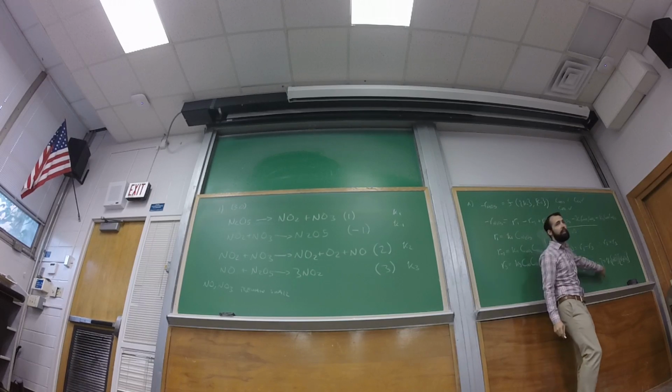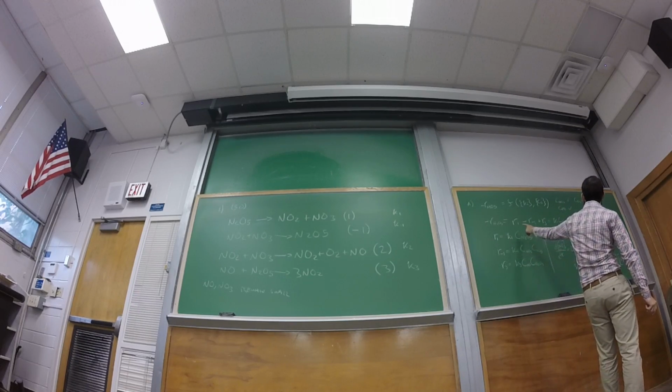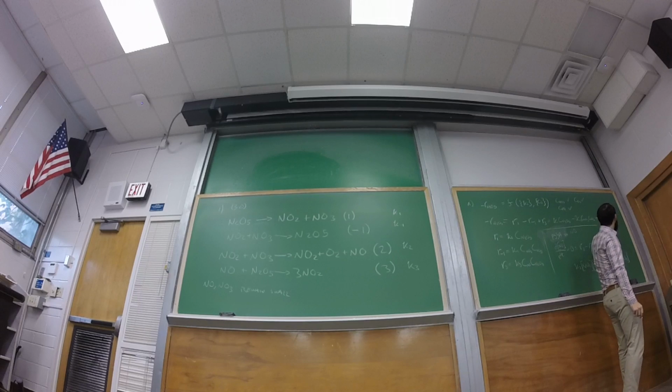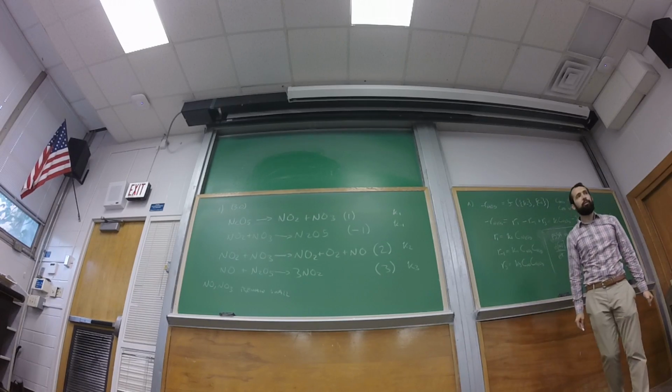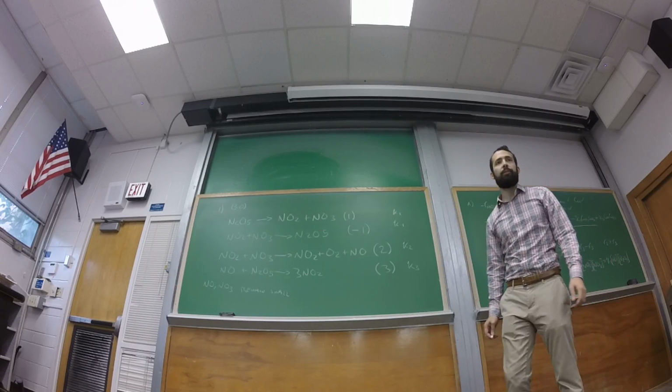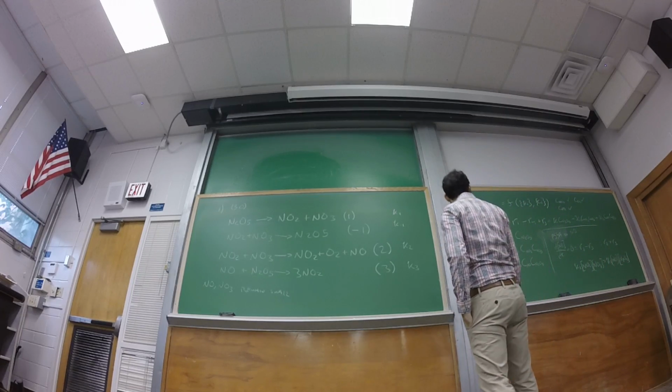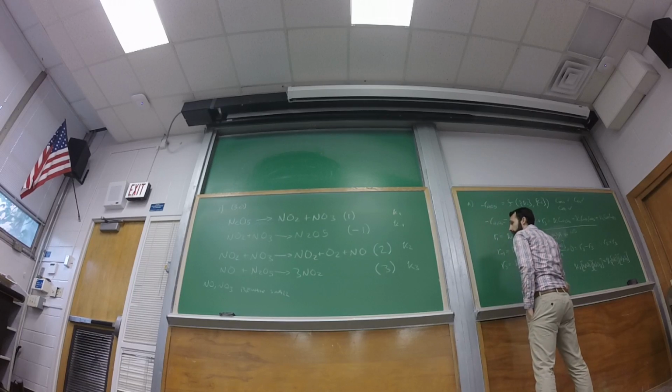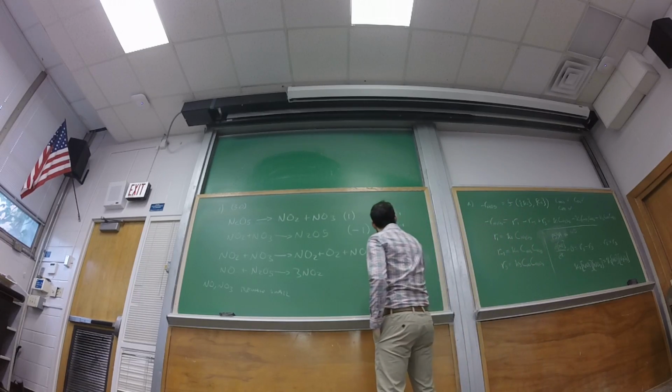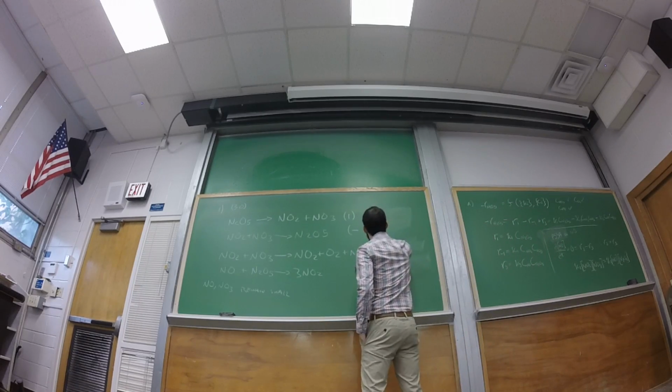I got to get rid of that concentration term. If I look back at my original equation, I also have NO3 here. So what do I do to get rid of NO3? PSSA. Right. It's safe at this point to start erasing.